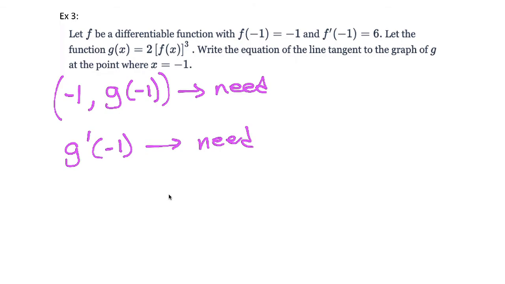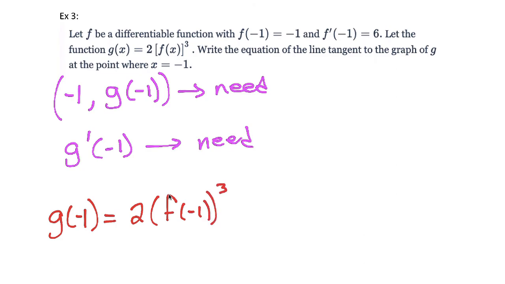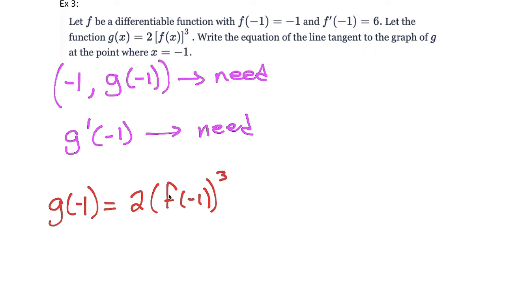So if we need to figure out what g of negative 1 is, we do 2 times f of negative 1 cubed. Okay, so f of negative 1 is negative 1 right up here. Look at that. So we have 2 times negative 1 cubed.